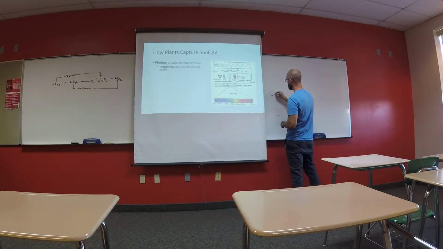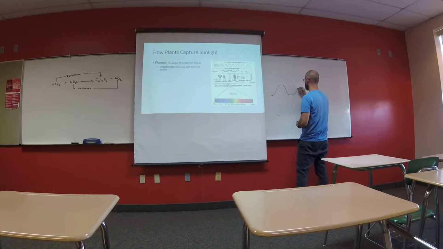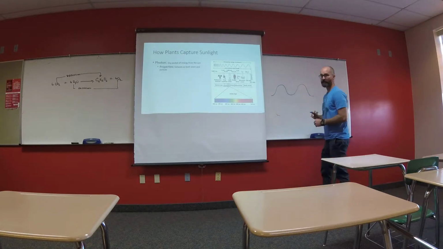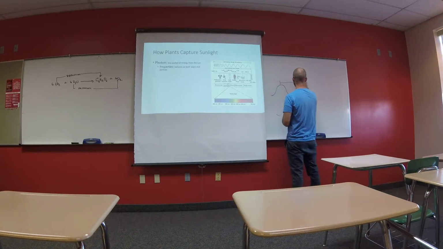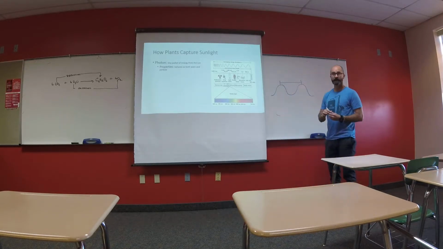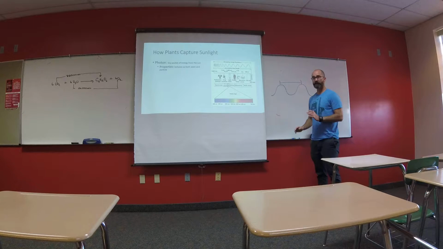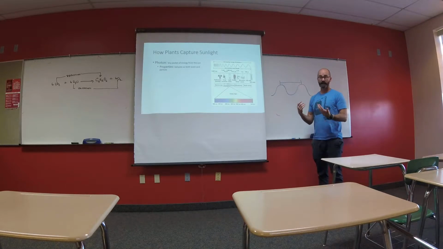And we define photon strength by wavelength. A wavelength is defined as the distance between 2 peaks of a wave. Now, that determines not just the strength of the photon, or the amount of energy represented by that photon, but it also determines the color of the light.